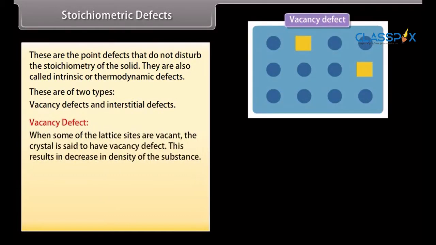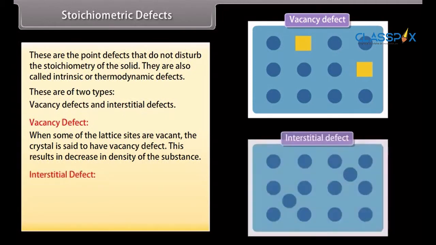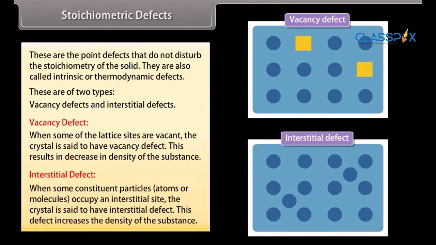When some of the lattice sites are vacant, the crystal is said to have vacancy defect. This results in decrease in density of the substance. 2. Interstitial defect. When some constituent particles, atoms or molecules, occupy an interstitial site, the crystal is said to have interstitial defect. This defect increases the density of the substance.